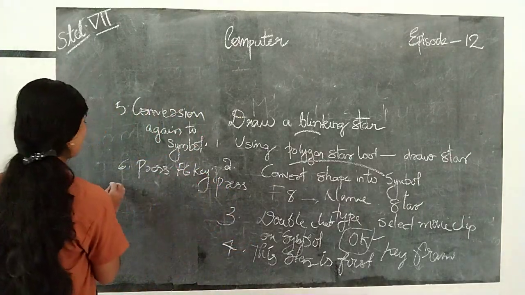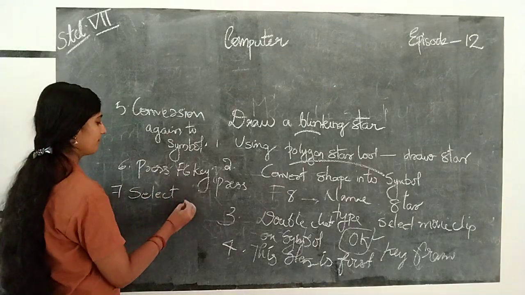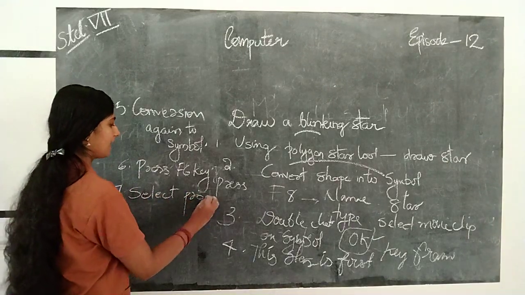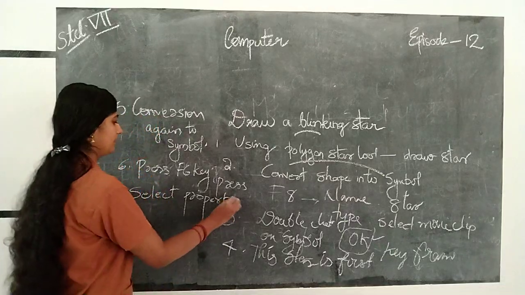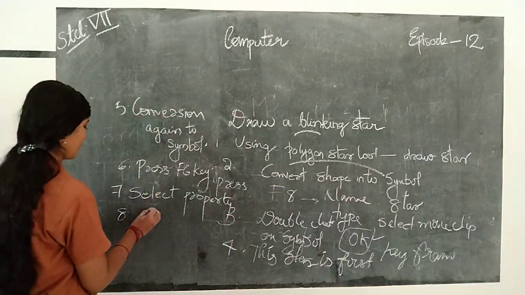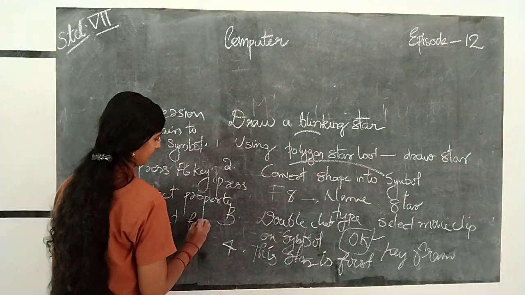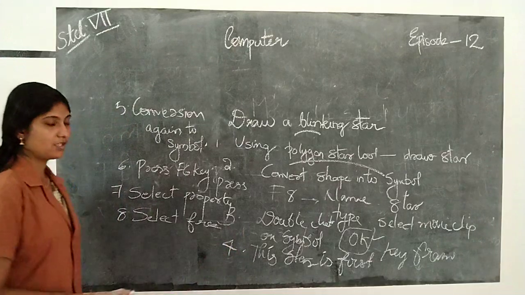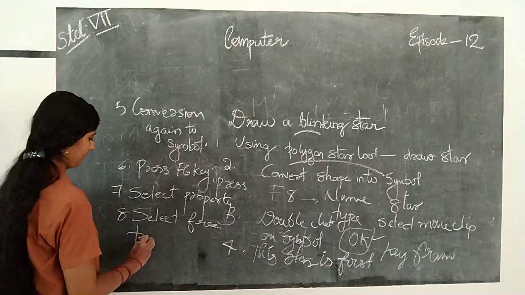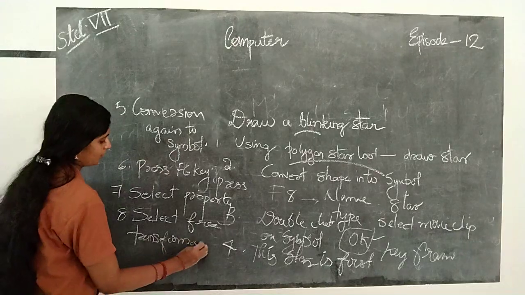So what is the seventh step? Select color property. And eighth step is select free transformation tool.